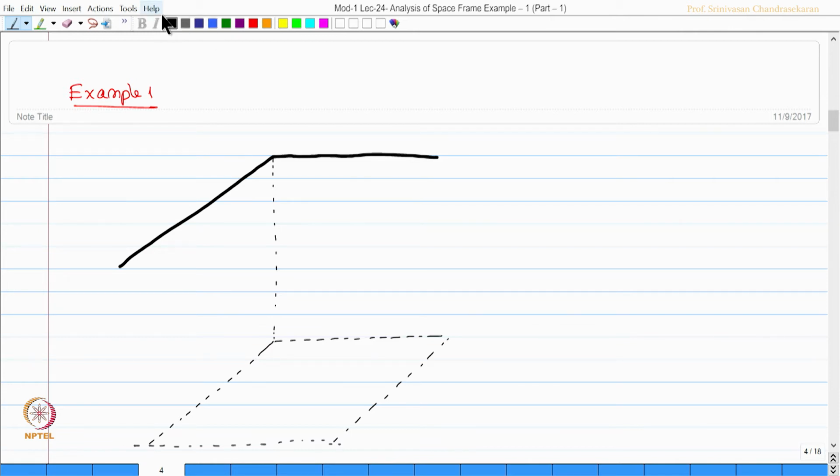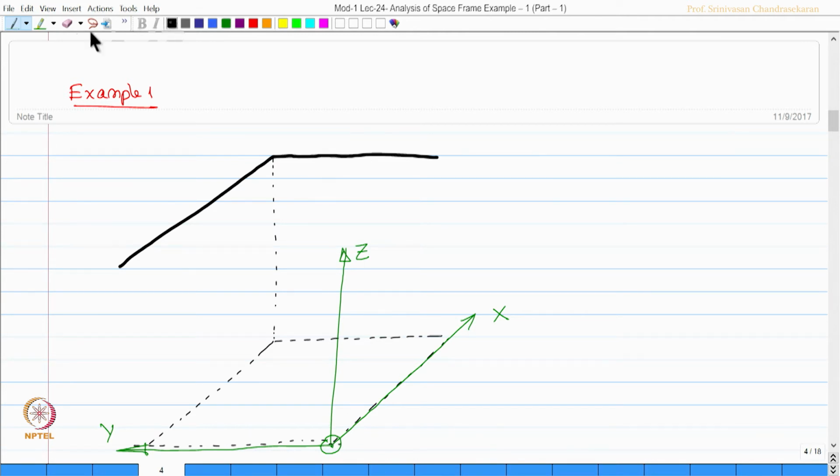So, let us mark the global axis like this. This is my x axis, this is going to be my y axis, and this is going to be my z axis, and this becomes my origin for the reference axis system.